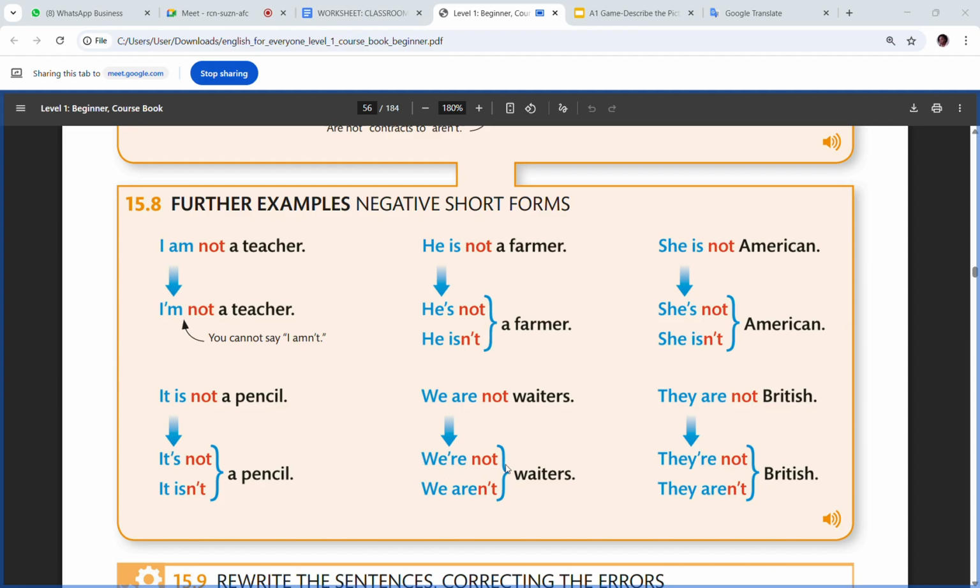We aren't waiters, right? So people say this a lot. They'll say, we aren't waiting, right? So they just mean we are not waiting. So they contract it, they make it short. How about this one? Who can read here for me? Come, Rokshan. They are not British.